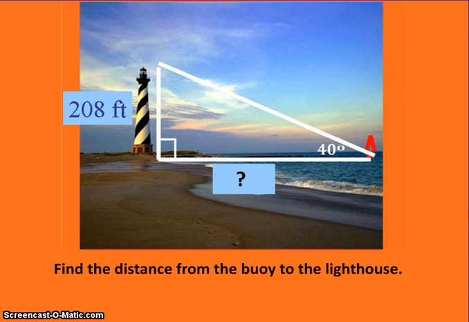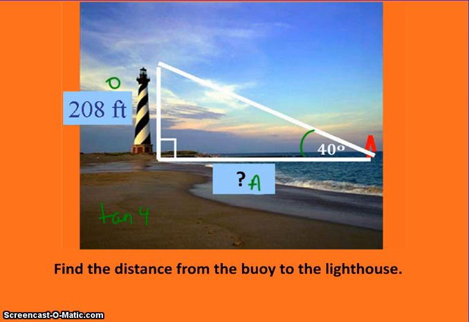So I'm about to begin working the problem. If you need more time, pause the video here. Okay, here is 40 degrees. I need to label the sides, hypotenuse, opposite, and adjacent. I'm not looking for the hypotenuse. I'm not given the hypotenuse. It has no relevance in this problem. So I'm going to use tangent because tangent deals with opposite and adjacent.